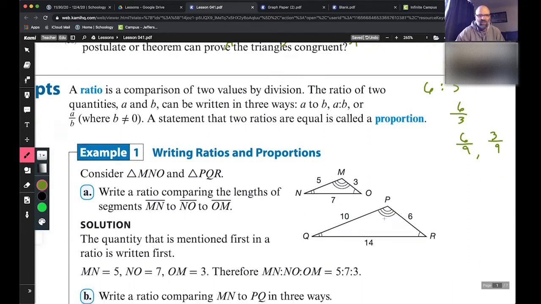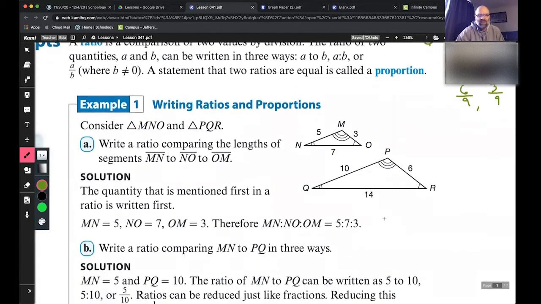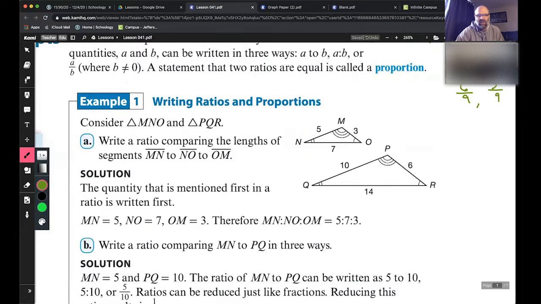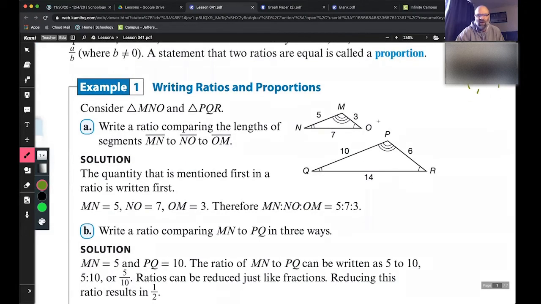Okay, so writing ratios and proportions. Consider the triangles MNO and PQR. If all the angles are congruent, that means these triangles have the same shape but different size. It's kind of like I zoomed in on this triangle to get this.